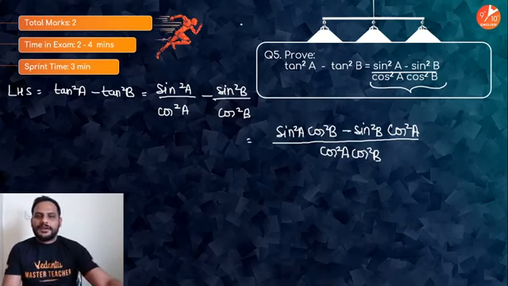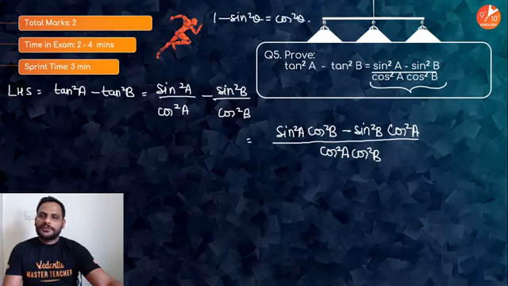So we know that 1 minus sine square theta can be written as cos square theta. I can use that same identity over here.